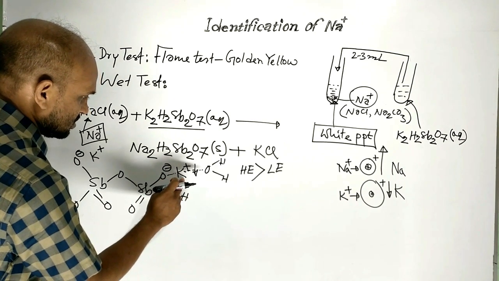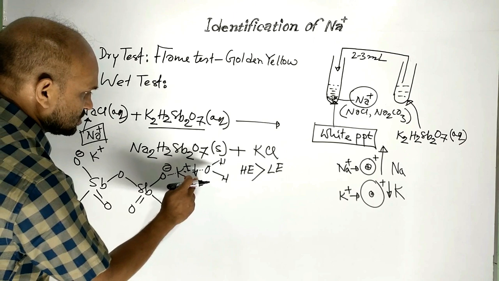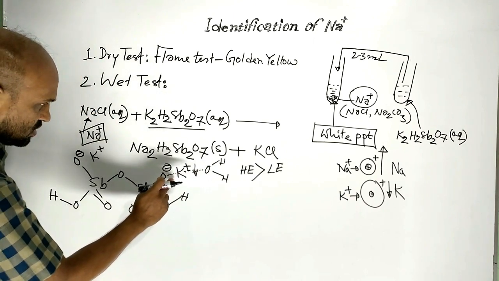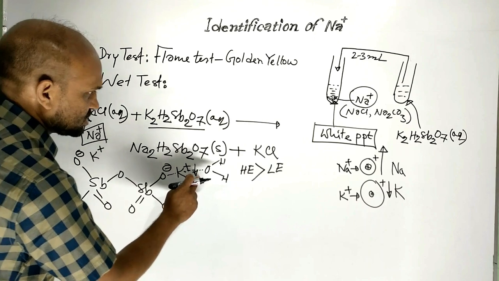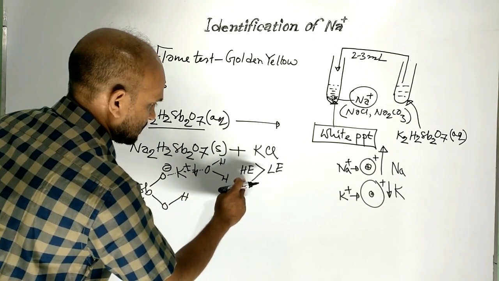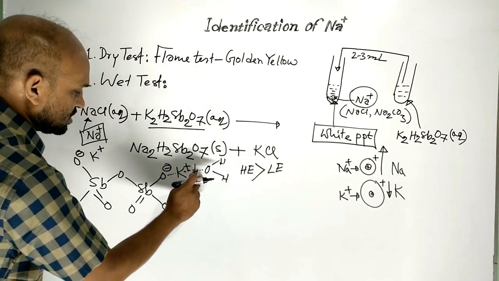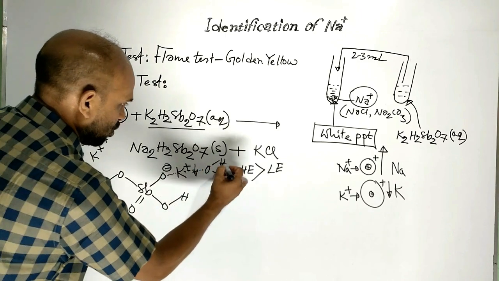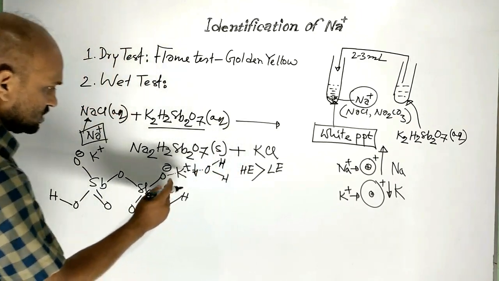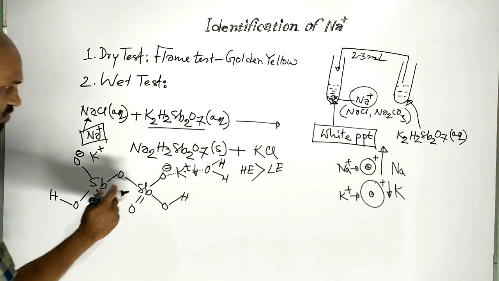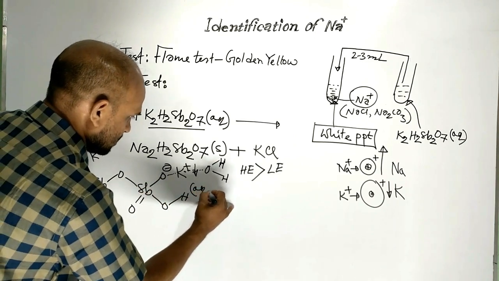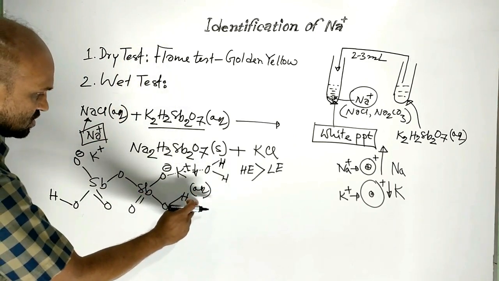Charge density of potassium ion is lower, so lattice energy is lower, but hydration energy is higher. Here, hydration energy can overcome the lattice energy. For this reason, potassium pyroantimonate is soluble in water.